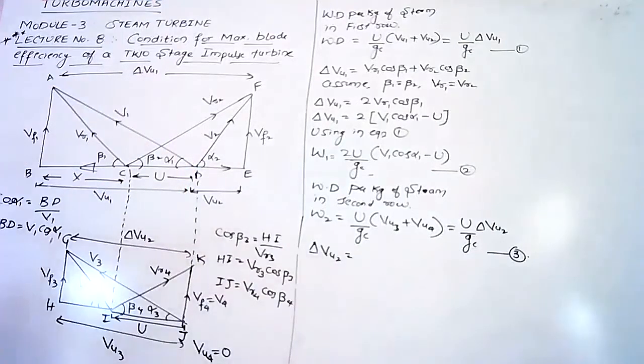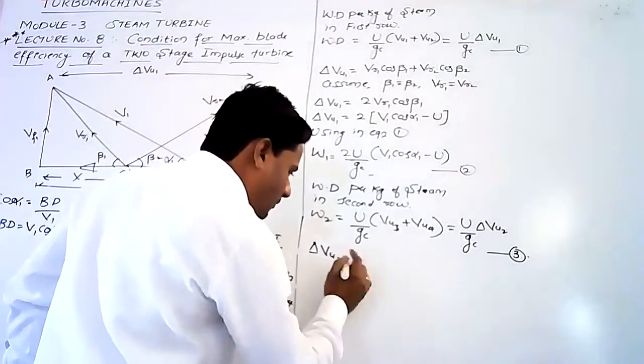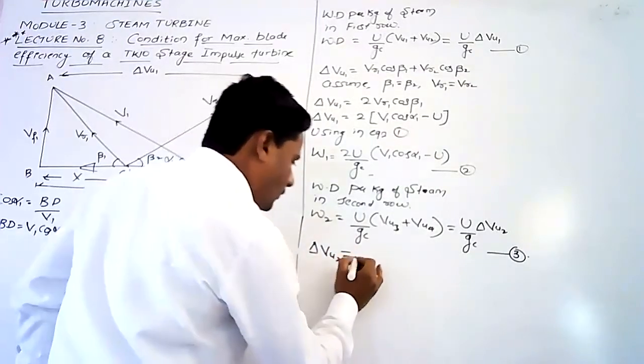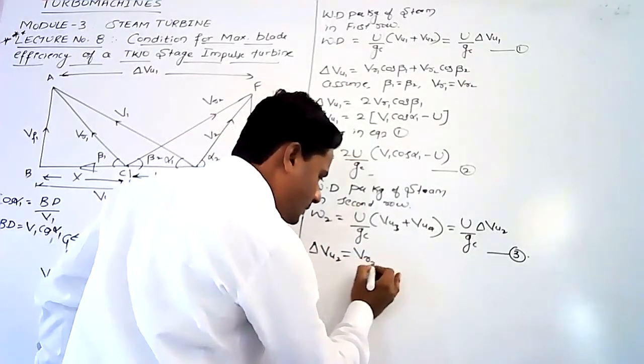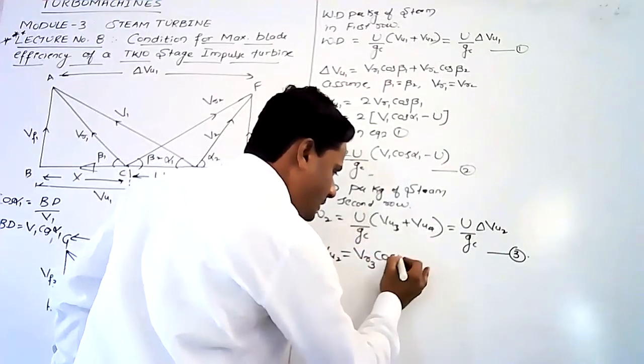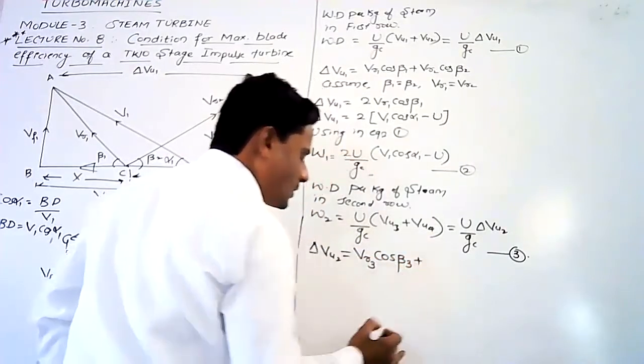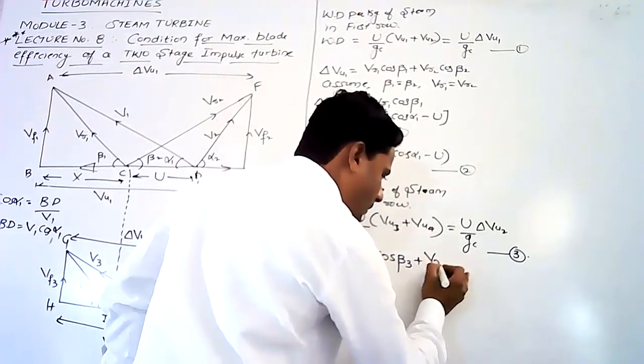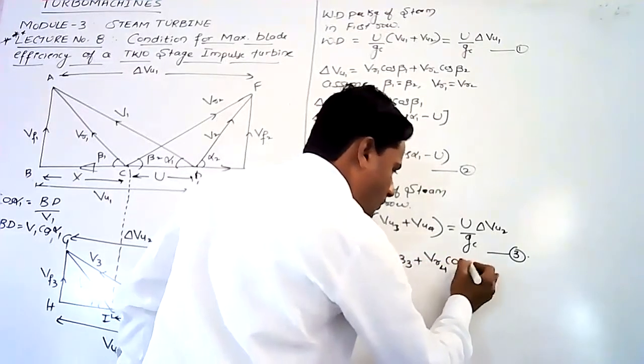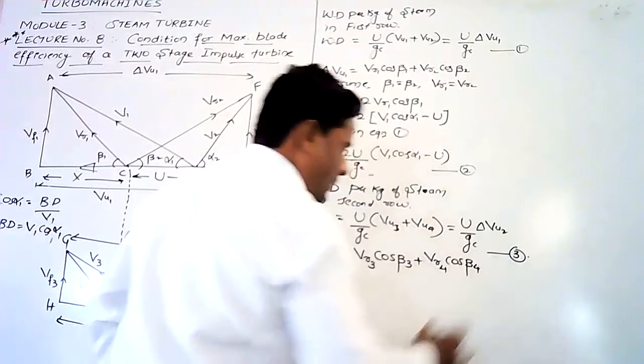So HI plus IJ is the total length HJ. HJ is nothing but delta VU. So delta VU2 is equal to VR3 cos beta 3 plus VR4 cos beta 4.